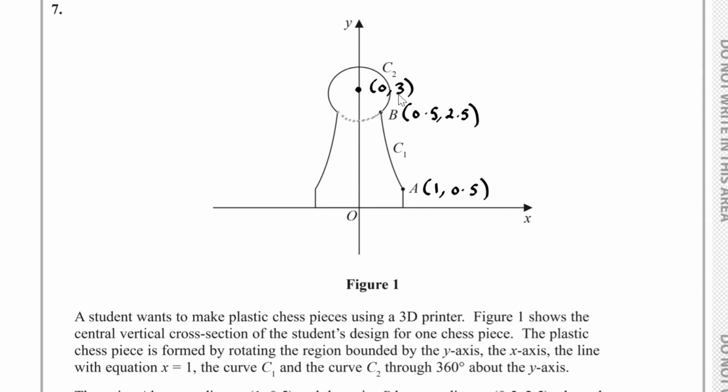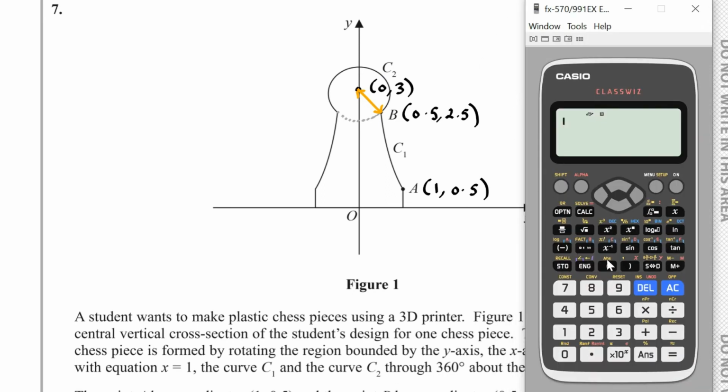So we know what the centre is, we can find out what the radius is of this circle. So the radius goes from the centre to a point, so let's just call this the radius. If we work out the radius, we've got 0.5 squared plus, well, 2.5 take away 3, that's going to be minus 0.5, and when we square that, we add on another 0.5 squared.